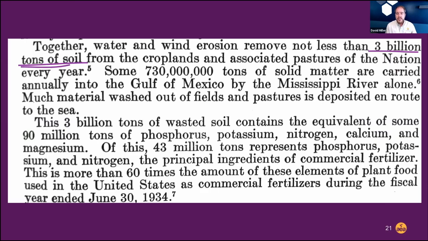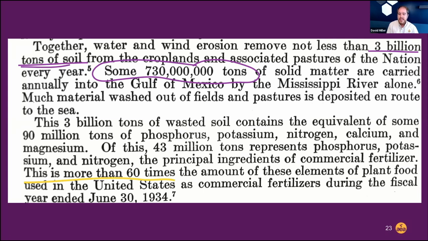So water and wind together remove not less than 3 billion tons of soil from the croplands and associated pastures of the nation every year. Some 730,000 tons of solid matter are carried annually into the Gulf of Mexico by the Mississippi River alone.